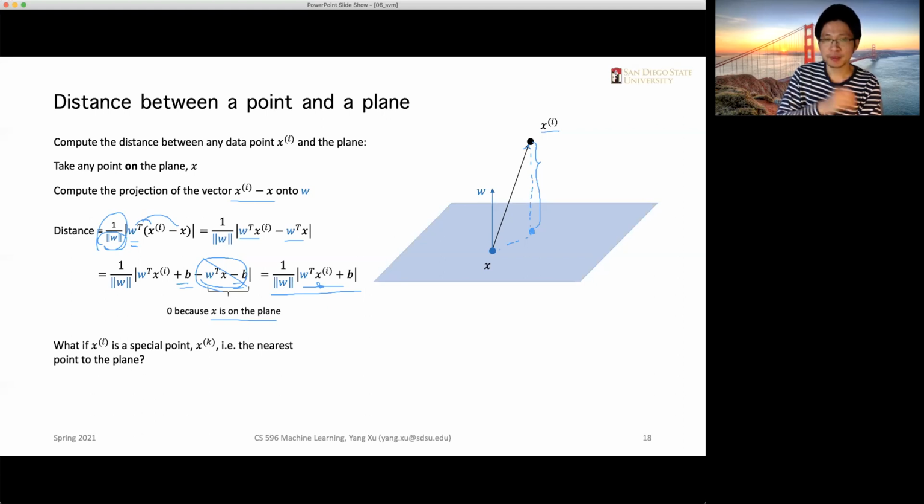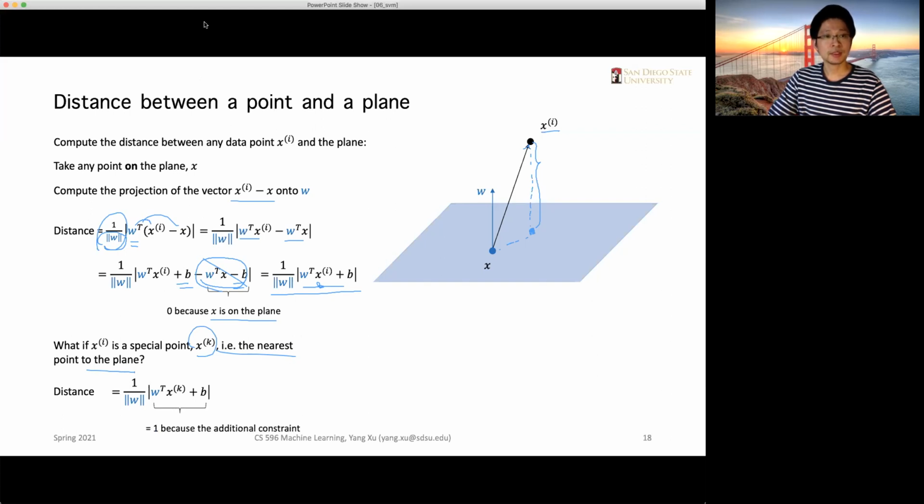So now let's think about the additional constraint that we set previously, because in order to make the representation of the plane unique, we need to have the special constraint that the nearest data point, when xk is the nearest data point to the plane, then what is this?